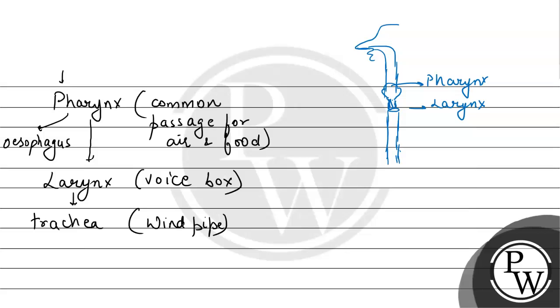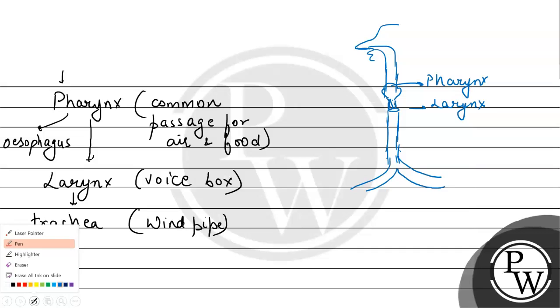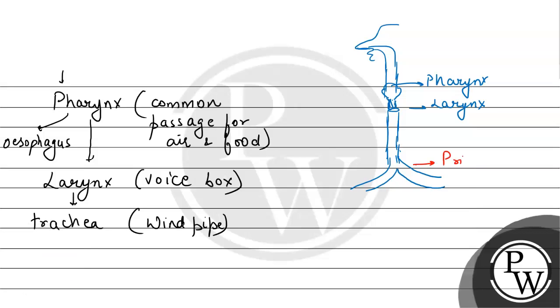Now this trachea divides into two primary bronchus. These are the primary bronchus, and this is our trachea.